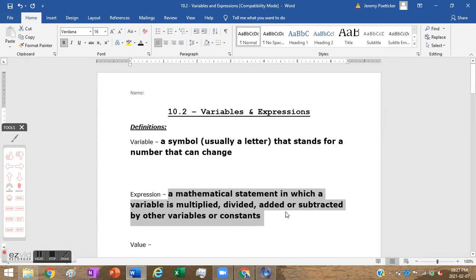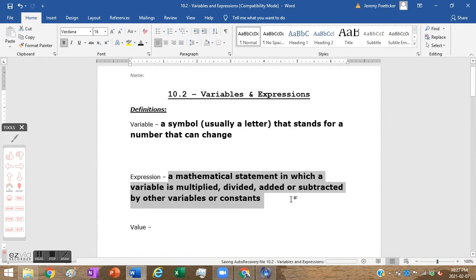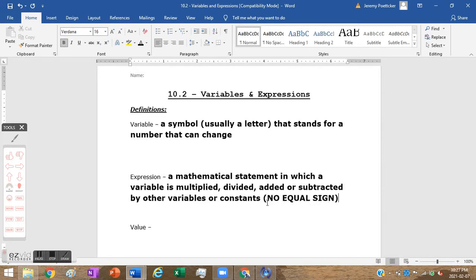I can turn an expression into an equation by telling you that it equals something, but an expression by itself has no equal sign. So the formulas we've been dealing with for the area of a circle or the circumference of one are not expressions, because they have an equal sign.